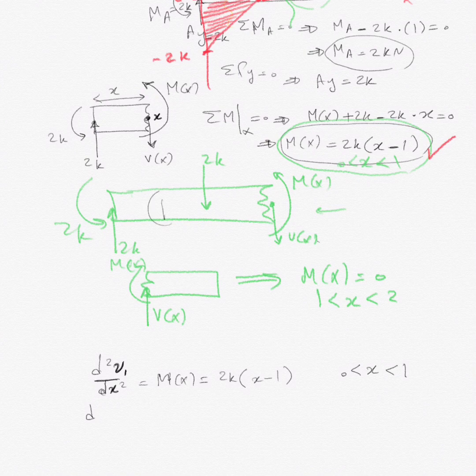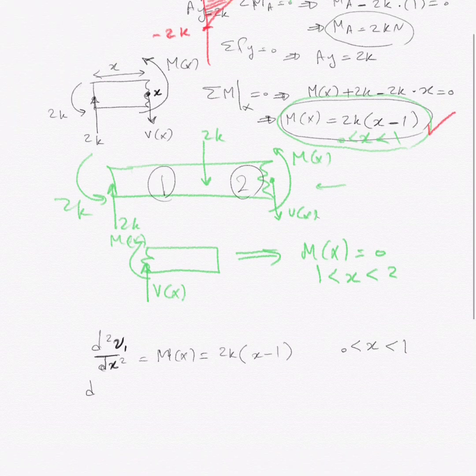So this is interval number 1, this is interval number 2. So I have two different variables.